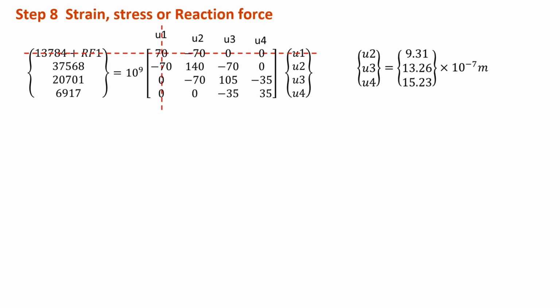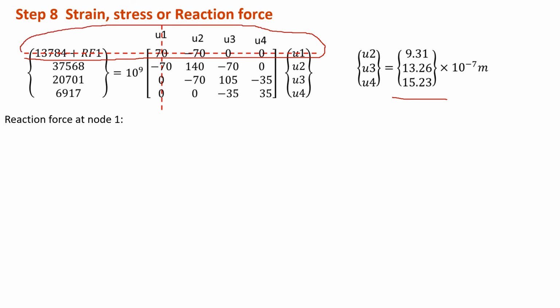Once we solve the displacement, we can use these values to determine the strain, stress, or the reaction force of the system. For example, to calculate the reaction force at node 1, the respective row is row 1. The row we eliminated will create the reaction, so looking at row 1 we have RF1.